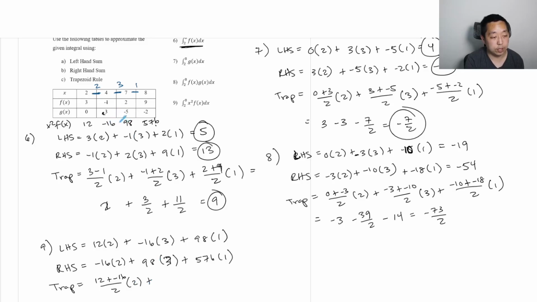And then again, for this interval, you're going to average these two values here. And then for the last interval width, you're going to average the 98 plus the 576 times 1. Again, you can use a calculator, get the numbers. It's not a huge deal. But that's how you handle it for a table.